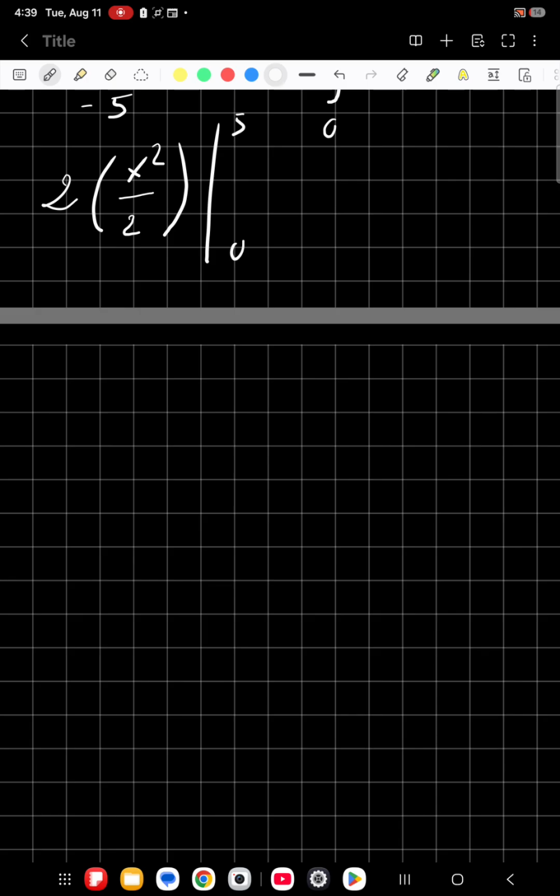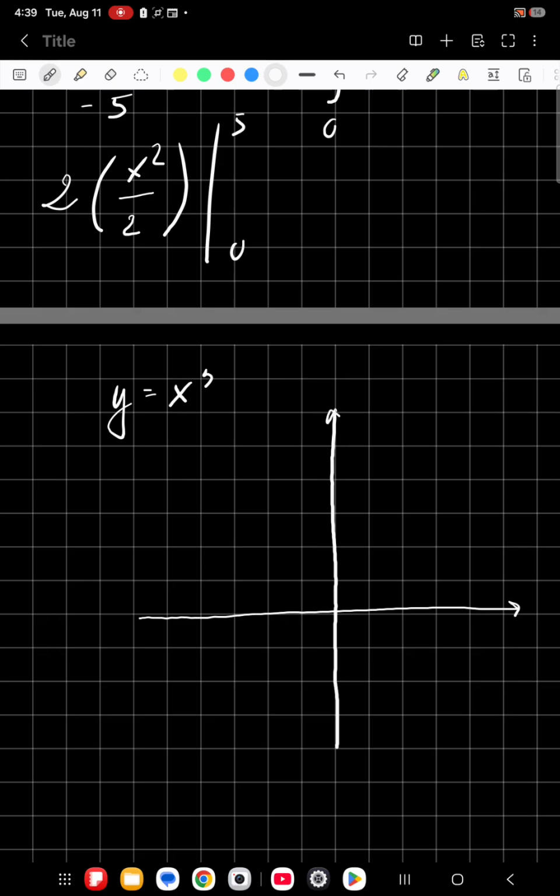So the function is y equals x cubed. Yeah, I wasn't sure about that. There are two functions. The way I have it in my notes, it's just not clear. And let's say we're supposed to do between -3 and 3.